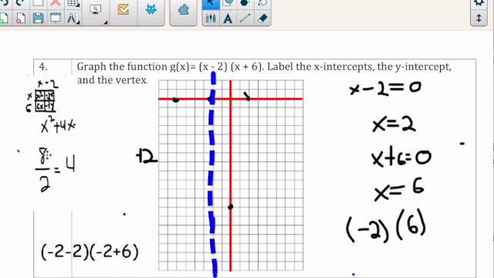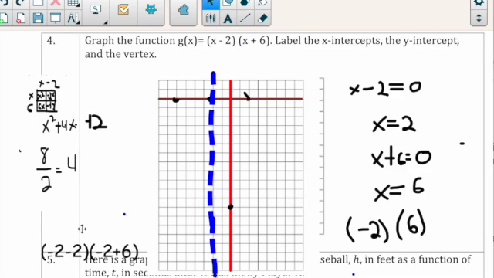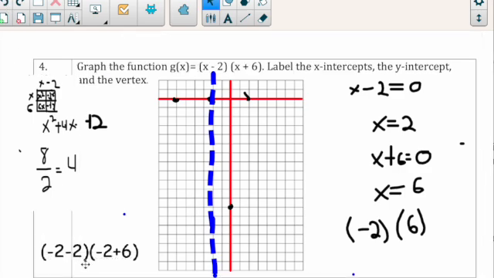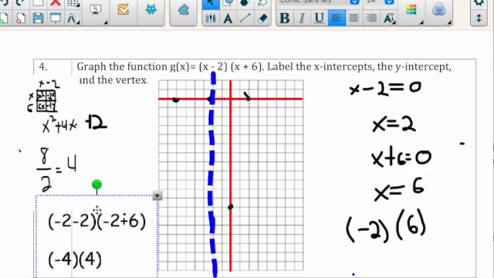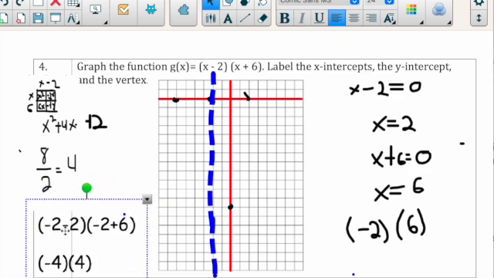Let me see if I can move this around so you can see it. Okay, the math work is right here. So -2 minus 2, -2 plus 6, and we end up with -4 times 4, which is -16.